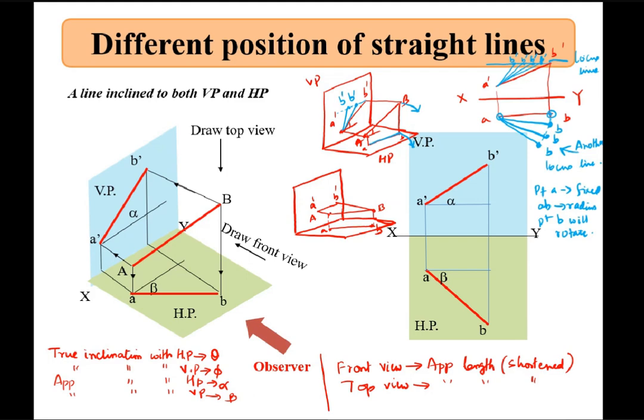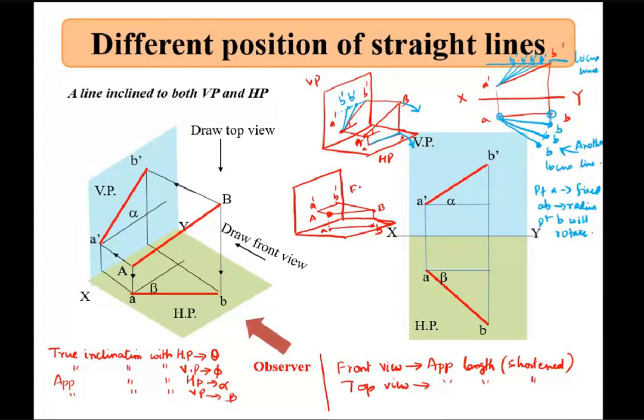Again, I am completely fixing point A. Height from HP and distance from VP are completely fixed. Now for this point B, I am fixing the distance from VP.